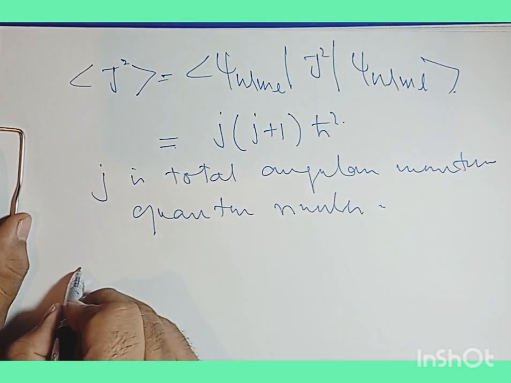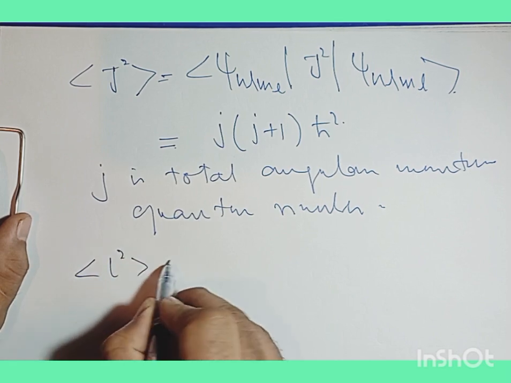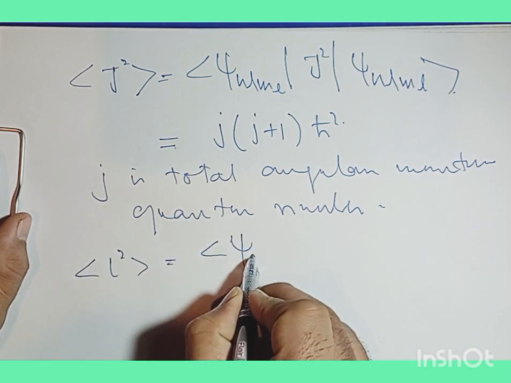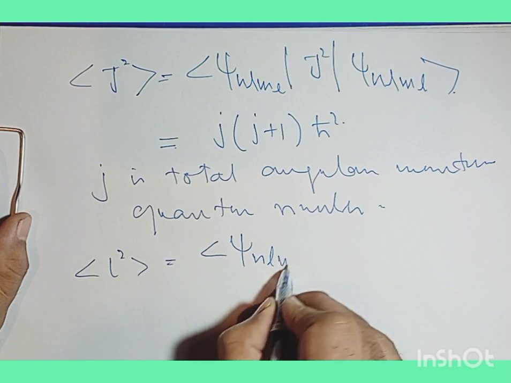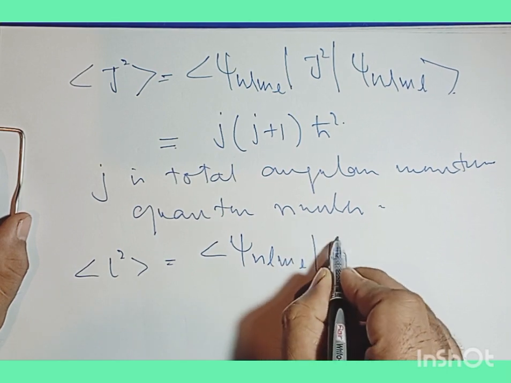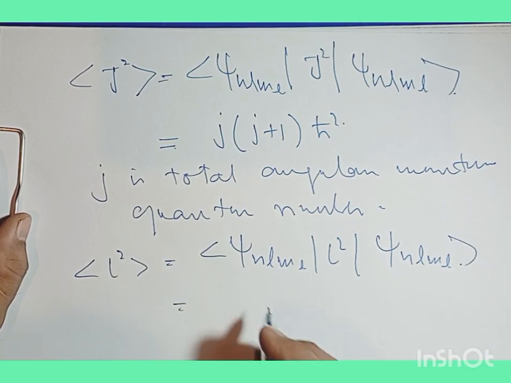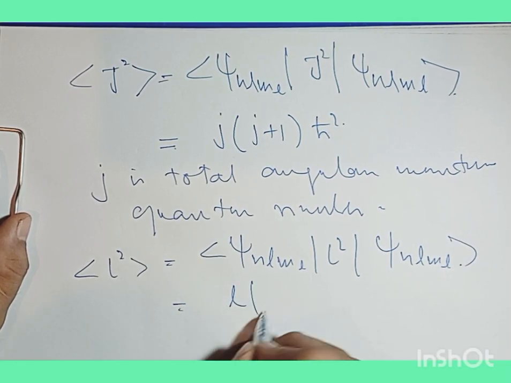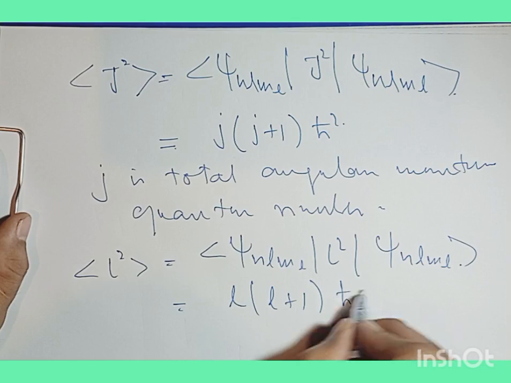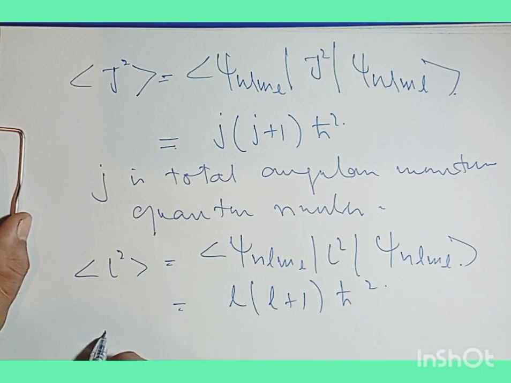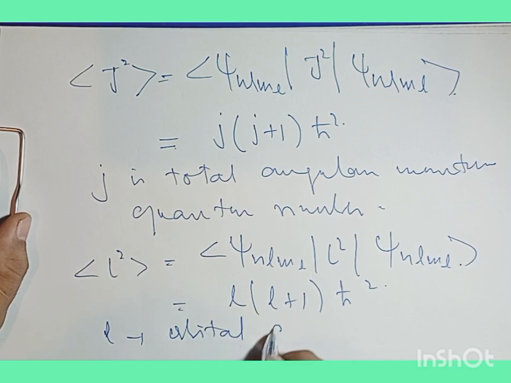And similarly for L square, we have the same kind of mathematical quantum mechanical treatment, psi n L m_L, L square, psi n L m_L. And from here, what we obtain is L times L plus 1 h cross square, where this L is the orbital quantum number.